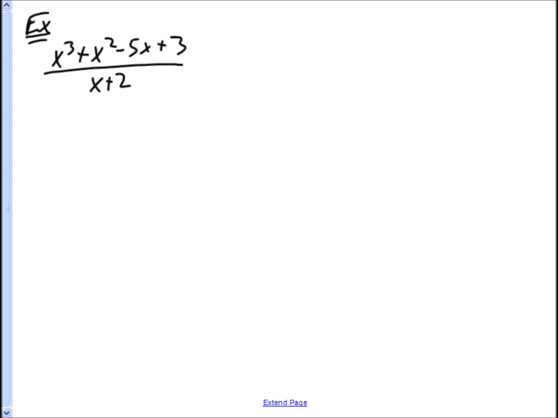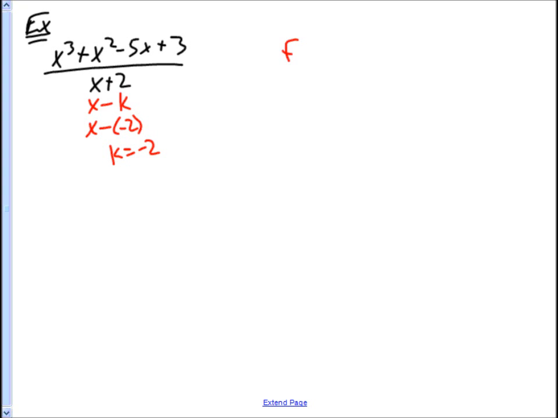And you know what? Before we even start, let's talk about what our remainder is going to be, okay? What's k? Well, another way to write x plus 2 is x minus a negative 2. So our k, in this case, see how our k is negative 2, actually? K is negative 2.